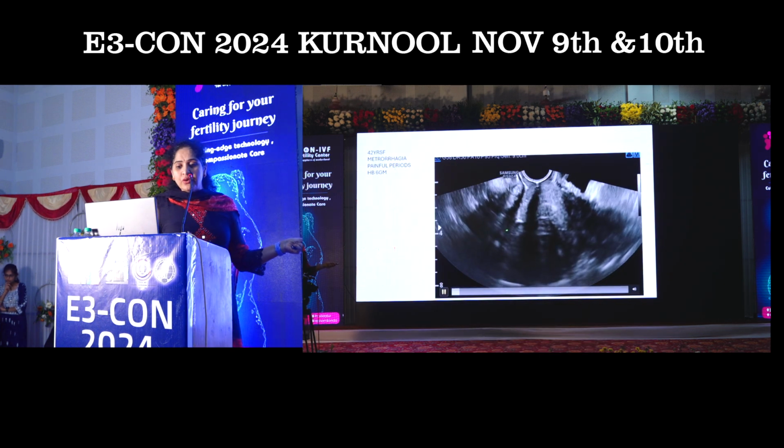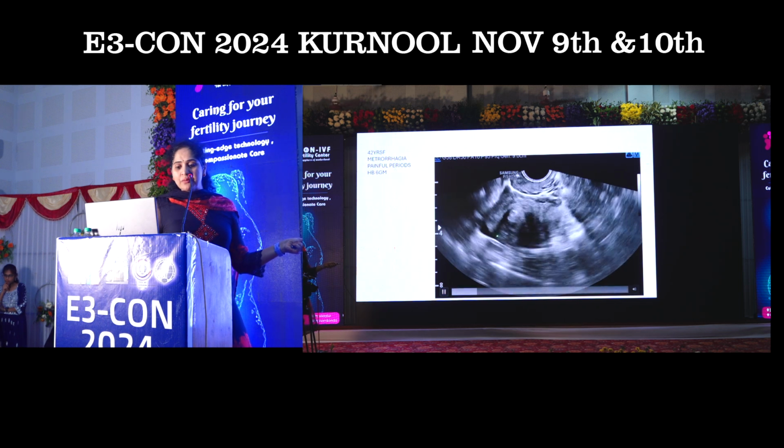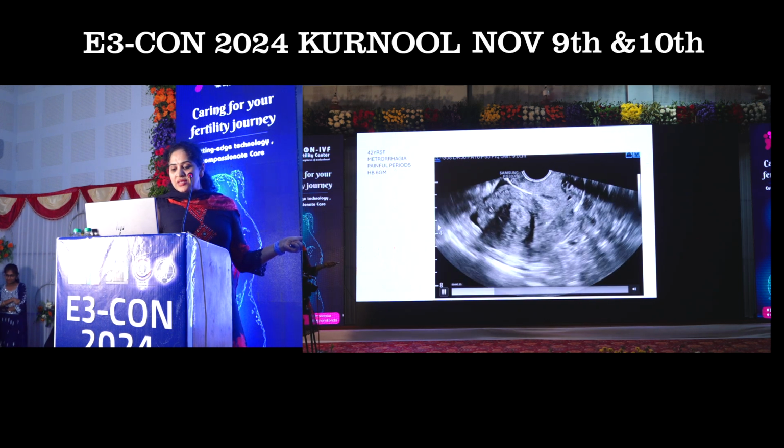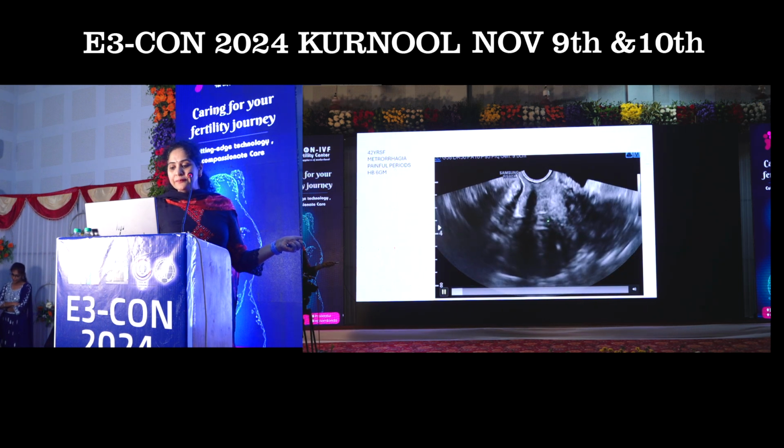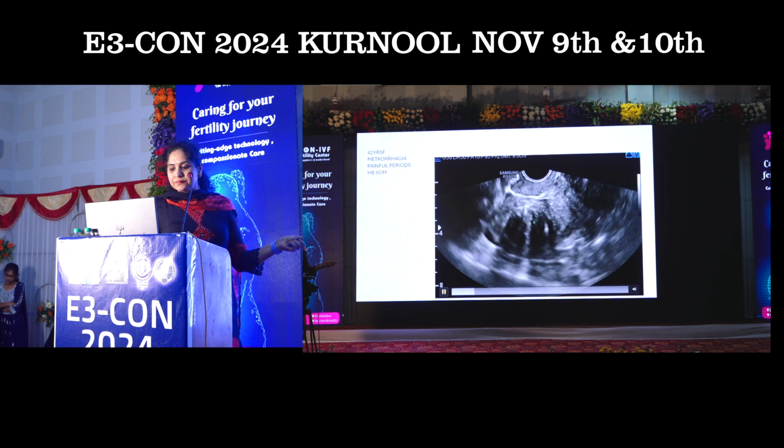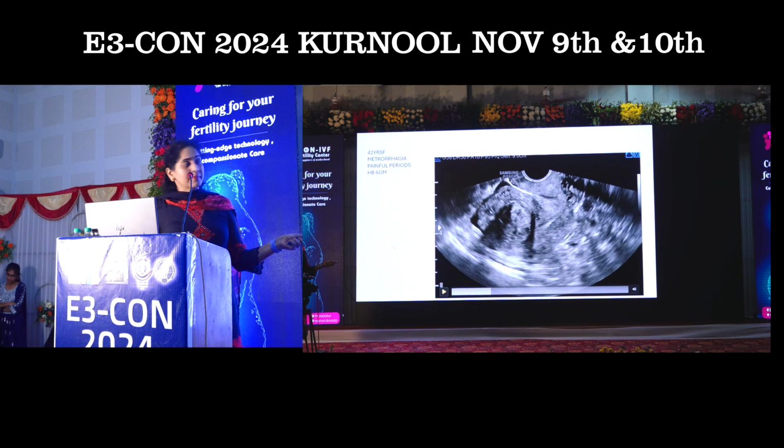So here is a 42-year-old female with menorrhagia, painful periods, hemoglobin 6 grams. Once you see the uterine anatomy here, this is the cervix, and the outer serosal outline is very clear. The internal endometrial lining, I am able to trace it beautifully here. The endometrial lining along the posterior aspect, mid and upper body, is interrupted by a well circumscribed space occupying lesion showing internal shadowing and edge shadowing.